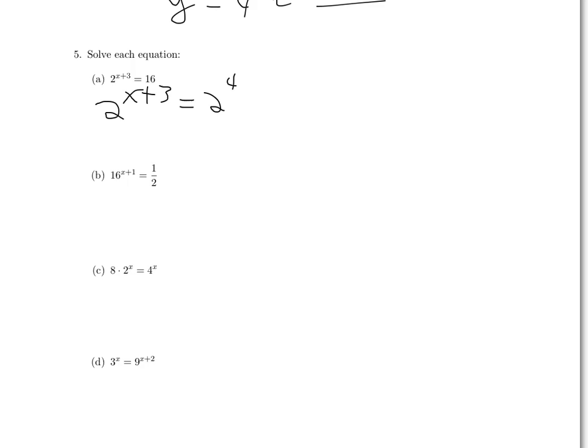And so the one-to-one property of exponentials, the result of a function being one-to-one, is that it's impossible to have the same output from two different inputs. That's the better way to say it.